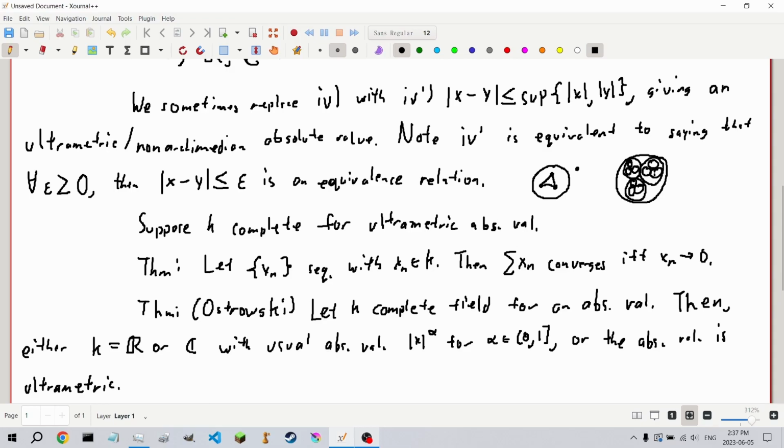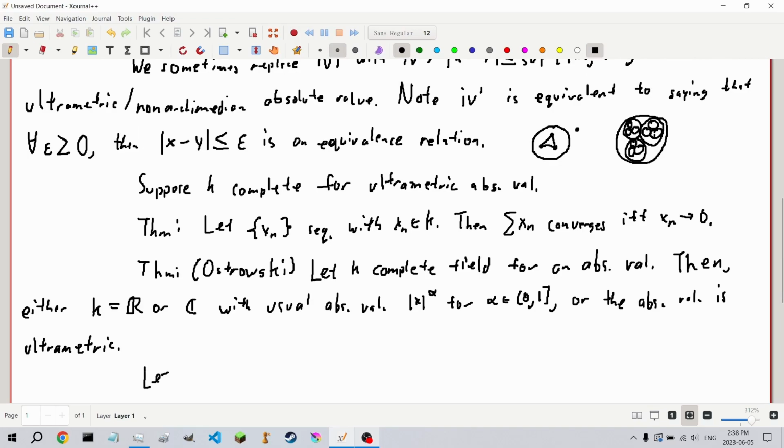The proof of this is not worth it for what we're aiming for. You can find it on Wikipedia, you can find it in lots of books. You just look up Ostrowski's theorem. I think Wikipedia goes through the proof, but right now we don't need to worry ourselves with that.